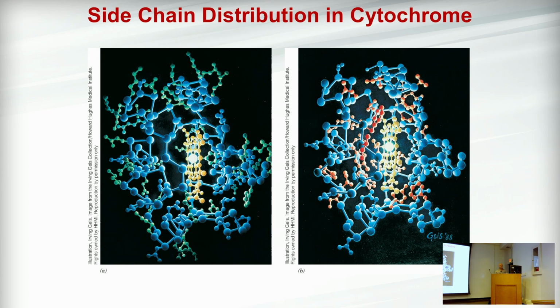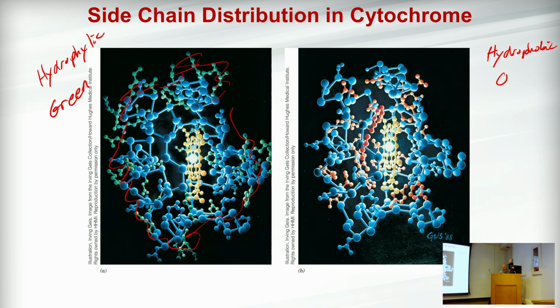If you take a whole protein structure, this is just a cytochrome protein, and you look at this, the hydrophilic molecules are green, and if you can see it, that's all these. And then the hydrophobic molecules, or hydrophobic side chains, I guess I should say side chains.